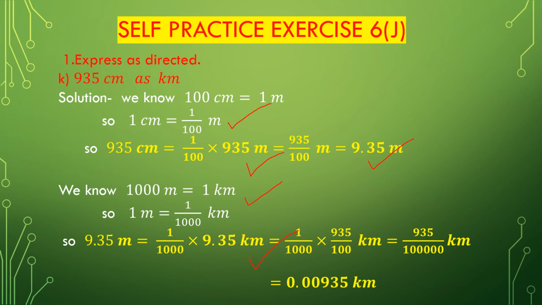In 9.35 there are only two digits after the decimal point, 3 and 5, so we have to divide 935 by 100, as 100 has two zeros. So 1 divided by 1000 multiplied with 935 divided by 100 kilometer.